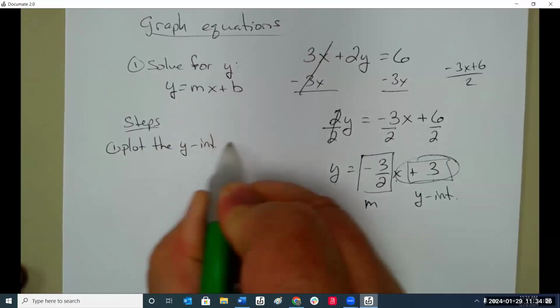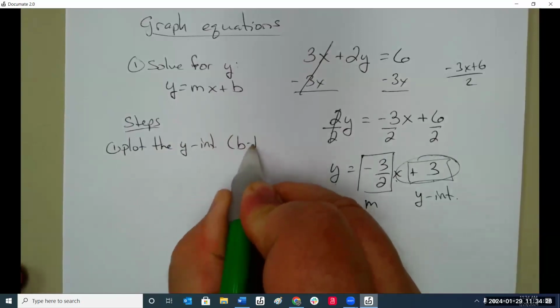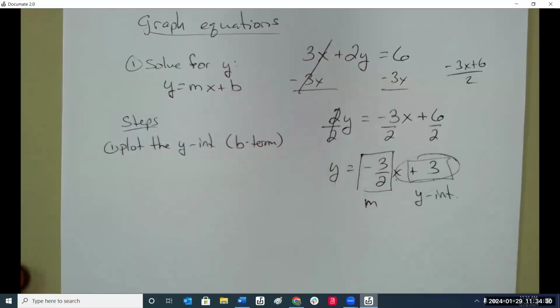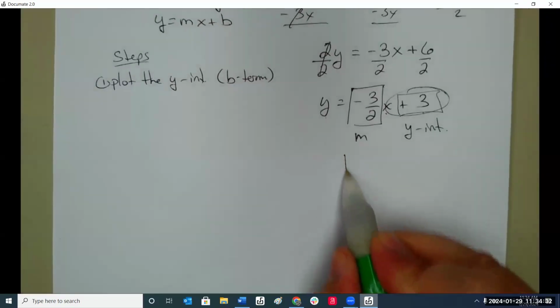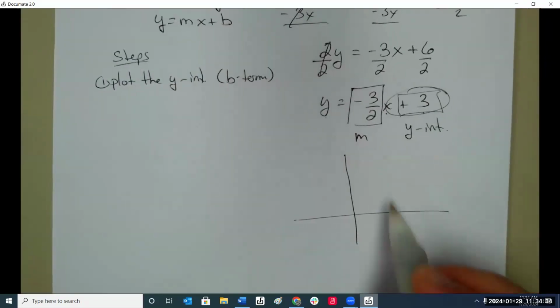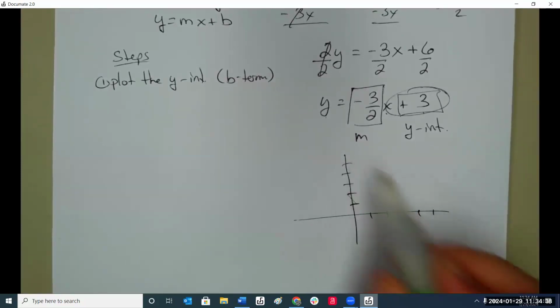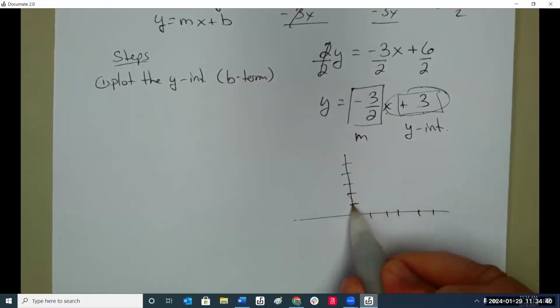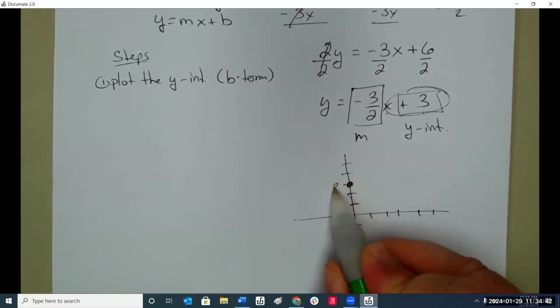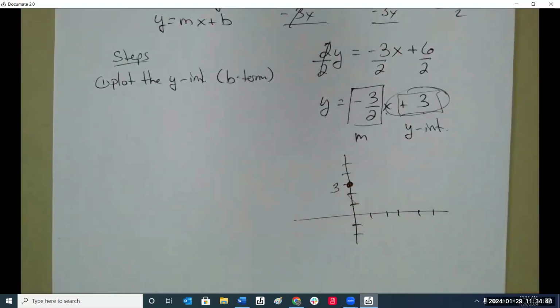Plot the y-intercept, the b term. So we have one, two. We know the y-intercept is 3.